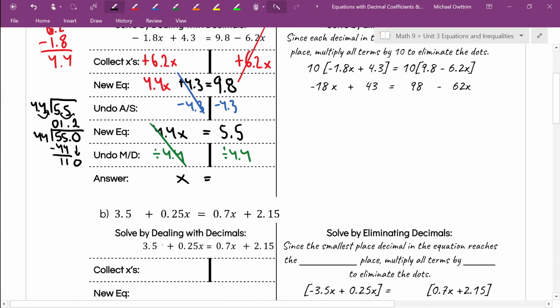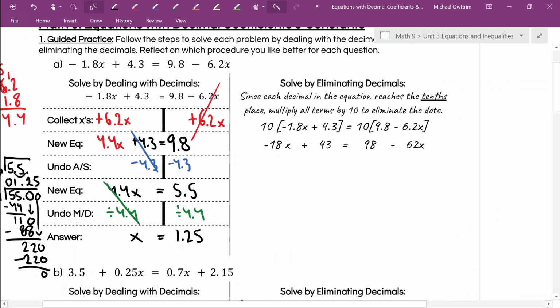It's going to go in twice, and that'll use up 88 of our 110. Taking away leaves us with 22. And we'll bring down our next 0. If you count up how many times 44 goes into 220, it goes in exactly 5 times, leaving us with a remainder 0. So we can conclude that x is the number 1.25.